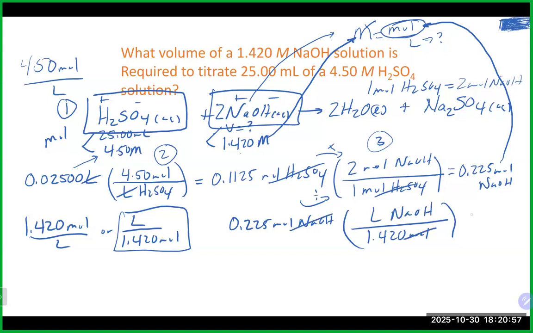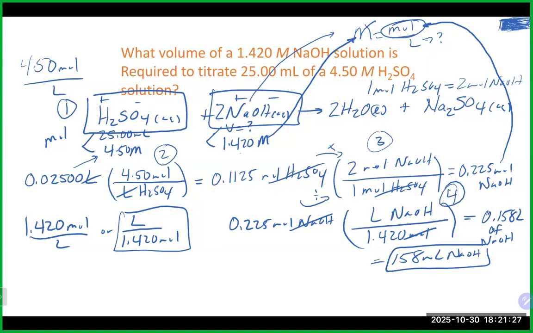The moles are going to cancel, and that will get us 0.158 liters of sodium hydroxide. If you times that by 1,000, that is roughly 158 milliliters of sodium hydroxide. And that would be like step number 4 there. Any questions on that one there?